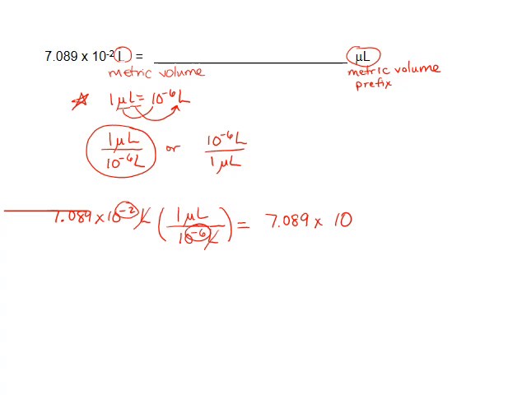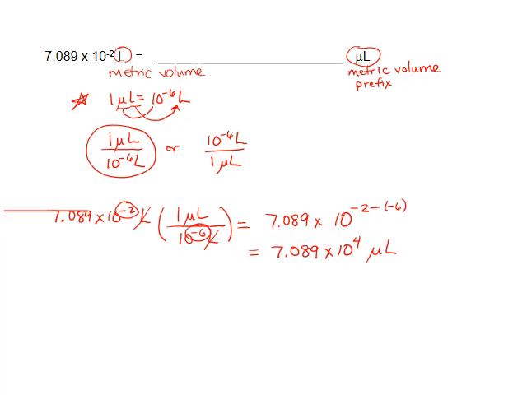When you divide powers of 10, you subtract the exponents. So our exponent is going to be minus 2 minus a minus 6. So we'll have 7.089 times 10 to the negative 2 plus 6 gives us 10 to the 4. And again, we want to show our final units of microliters.